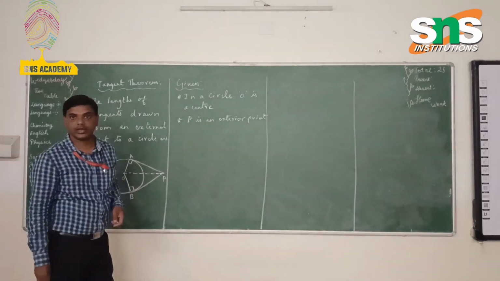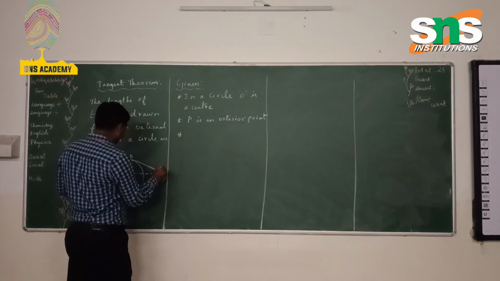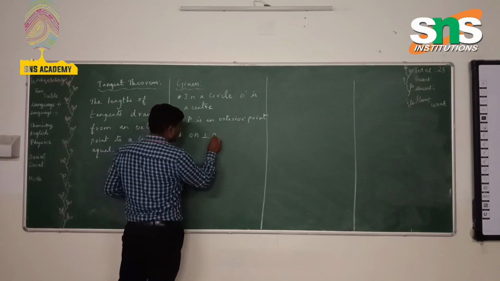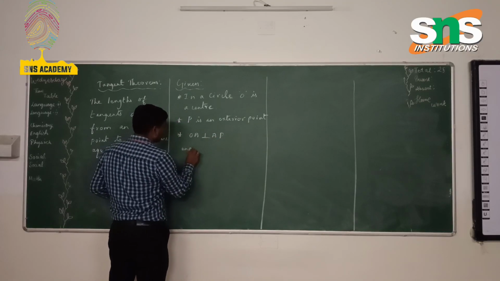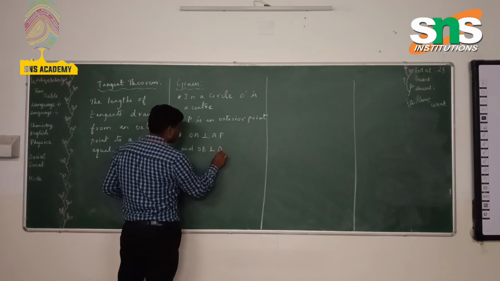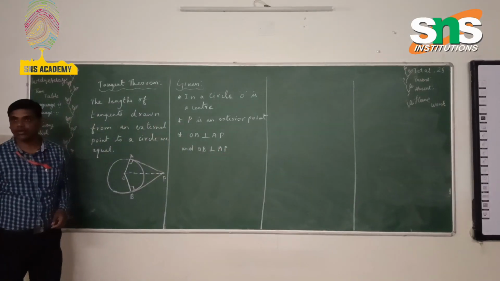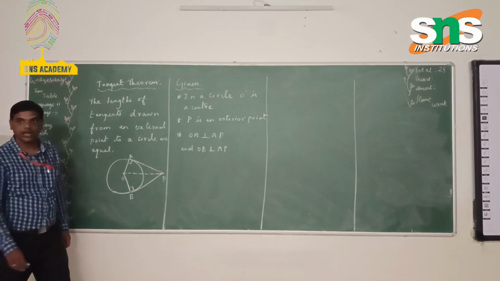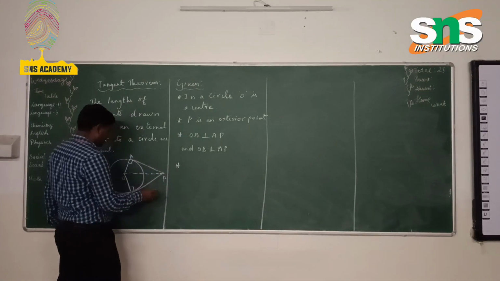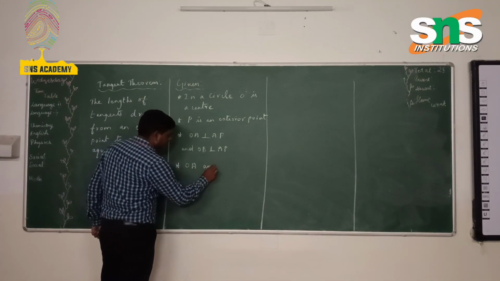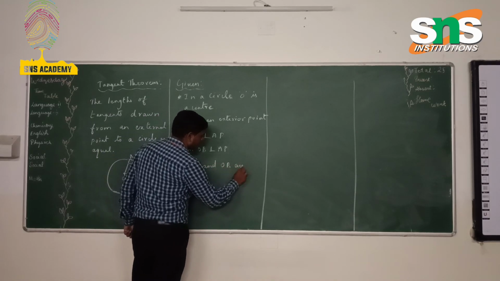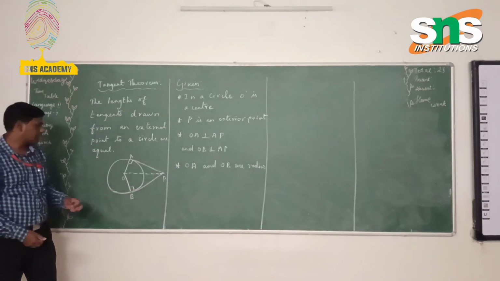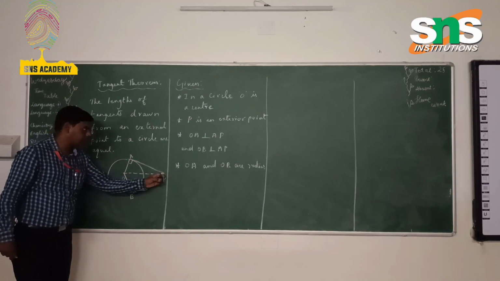OA is perpendicular to AP and OB is perpendicular to BP. Perpendicular means 90 degrees. OA and OB are radii. So these are the things which are given: the center O, and P is an exterior point.